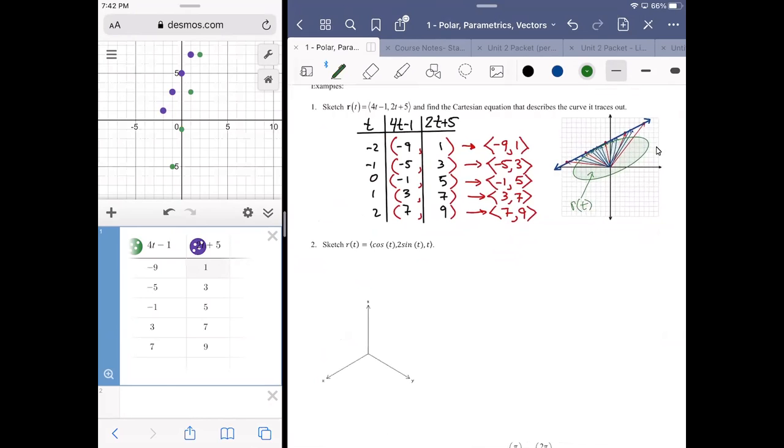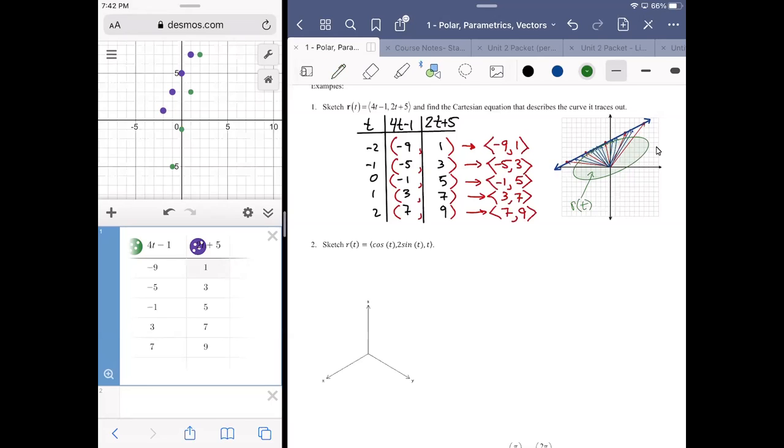So when we're sketching out R of t equals cosine t, 2 sine t, and then t, the first two parts of it have an elliptical feel when you think back to parametrics from the first unit. But in a vector valued function, it's the vectors that we care about, but also there's that t component that's going to be a monkey wrench in the mix.